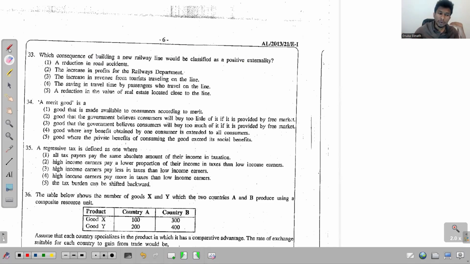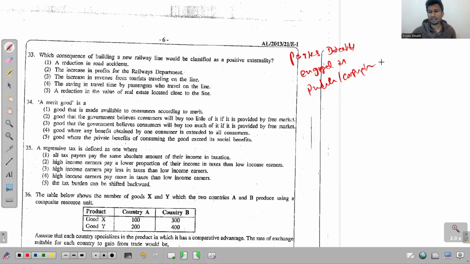Right? So who are the parties directly involved in this given production or consumption activity. So building a railway line. So definitely the railway department is a party engaged directly. So these are the parties directly engaged in production or consumption.